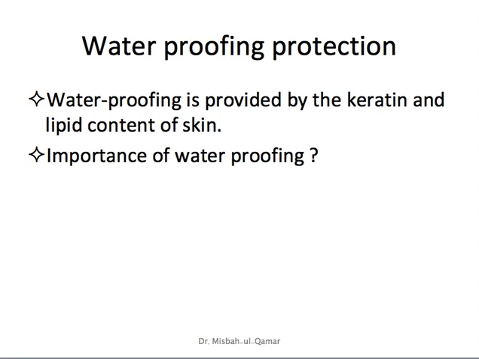Now, as the scales of the outermost keratinized layer slough or flake off through abrasions, at the same time they are continuously replaced by means of cell division in the deeper epidermal layers.